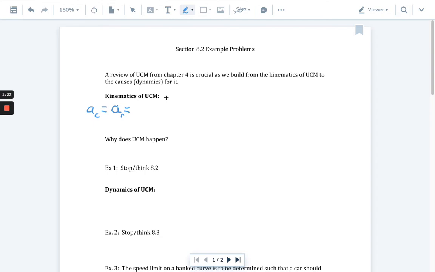And later in this chapter, they'll get into non-uniform circular motion, where the rotating object starts to spin faster or slower with time. But the general kinematics equation for the radial or the centripetal acceleration is v squared over r. It's also, in terms of angular speed, omega squared r. It'd be good to look at why that is if you go back to chapter 4 or just Google uniform circular motion.